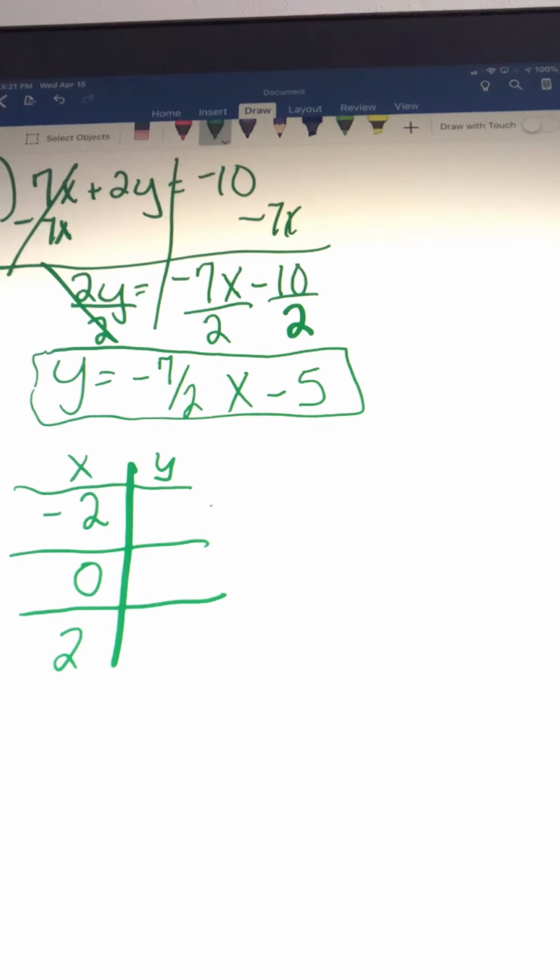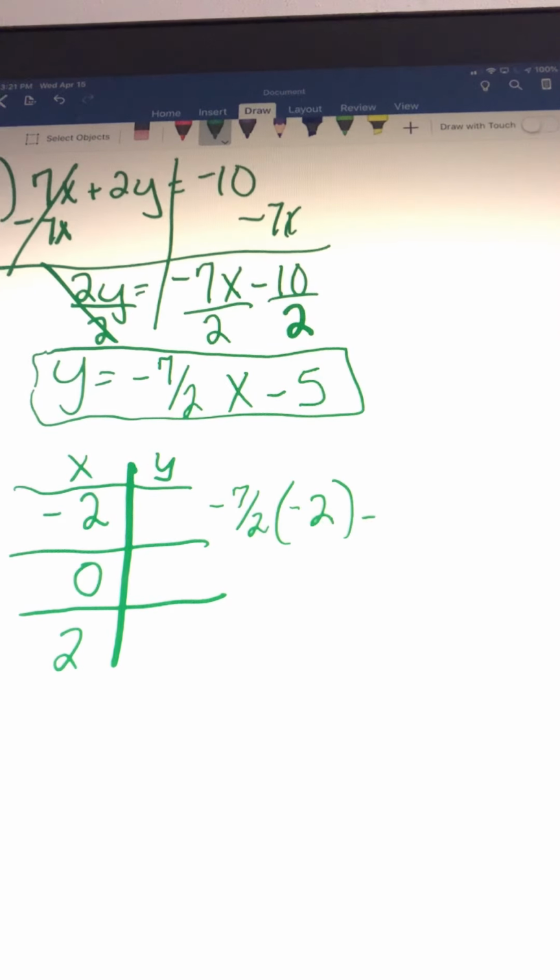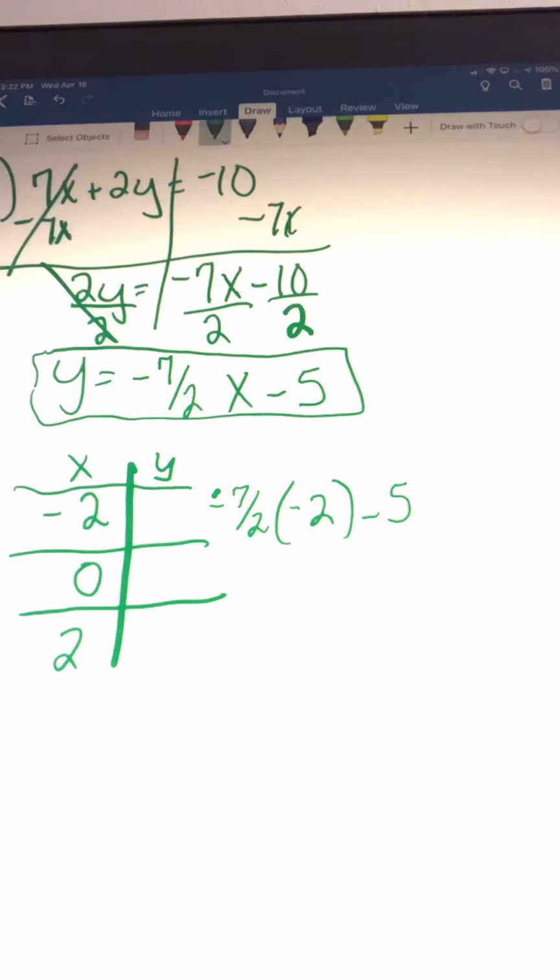So negative 7 halves times negative 2 minus 5. This is where you will need a calculator, or you can do your mental math. Negative 7 times negative 2 is positive 14. So 14 divided by 2 is 7. 7 minus 5 gives you a value of positive 2 for your y.